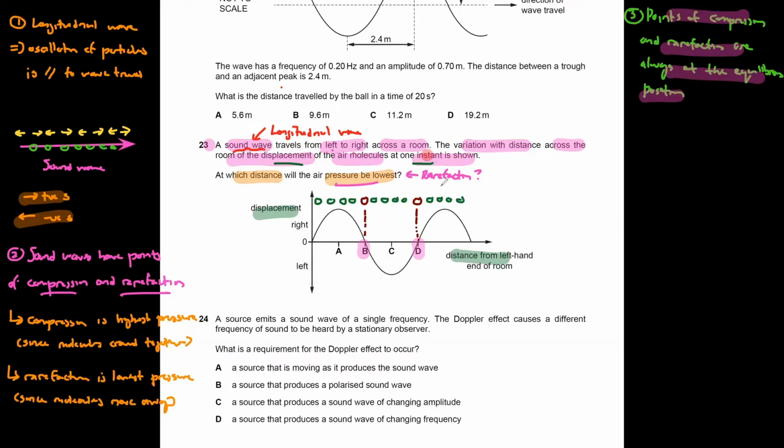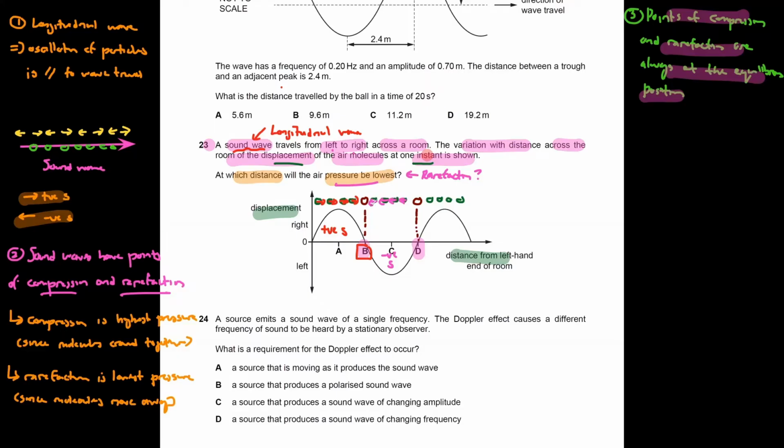Let's assume that these are your air molecules. If you look at the left-hand side of B, these are all positive displacement. This tells you that all your particles are being displaced towards the right-hand side. But if you look at the right side of B, this is negative displacement. This tells you all your particles are displaced towards the left.